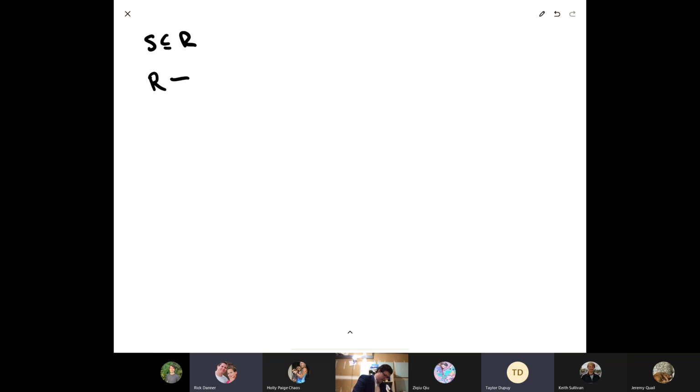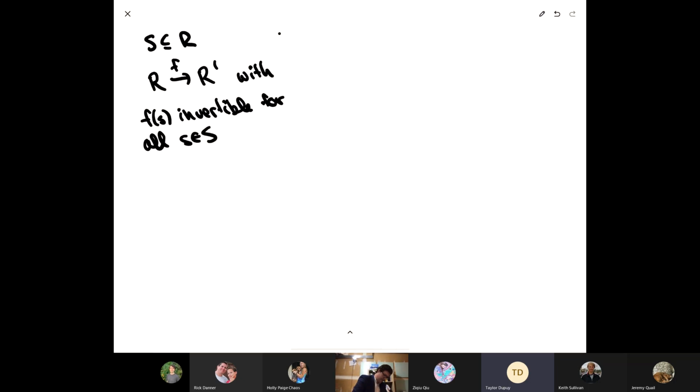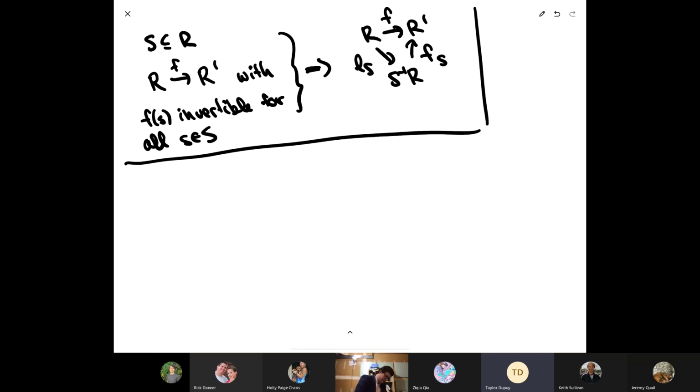If you have a map F from R to R prime with F of s invertible for all s in S, then you have a factorization like that. So this map factors through some F_S, and this is the localization at S. This is the universal property.